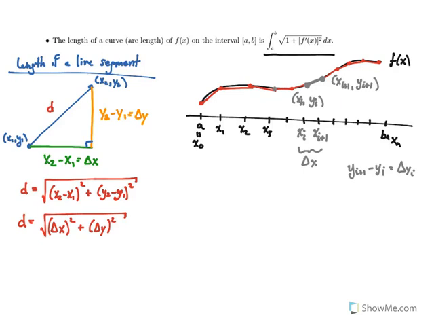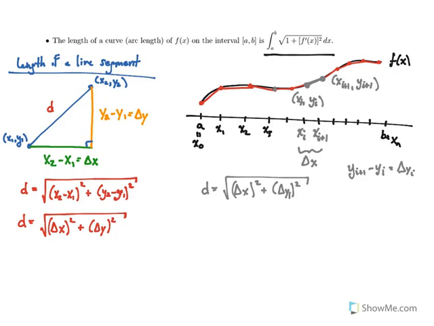So the length of the ith line segment there is going to be what I wrote down before, the square root of delta x squared plus delta y sub i squared.